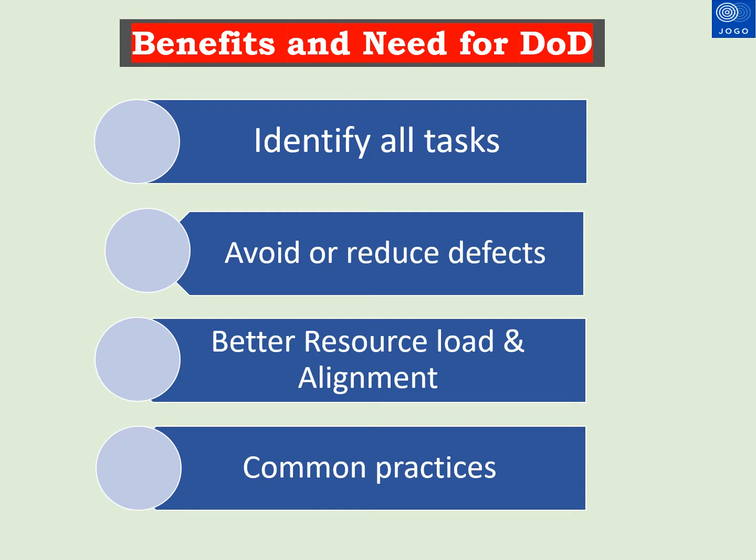Definition of done helps the team to avoid or reduce the defects in the product and concern from the product owner. As the team maintains all the tasks needed in the checklist format, the chances of missing any important activities will be minimized. This will help to improve the quality of the product.